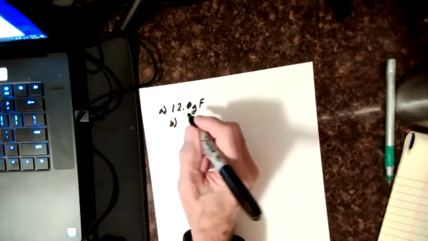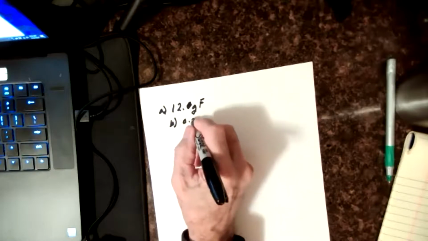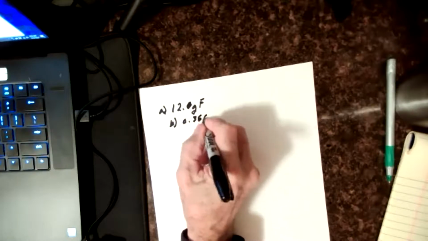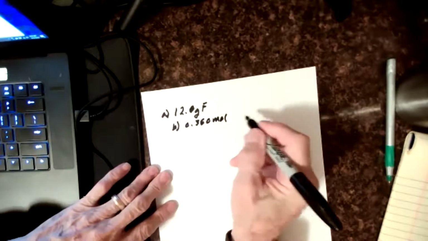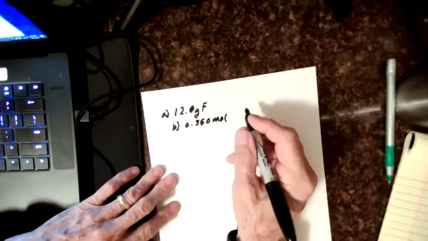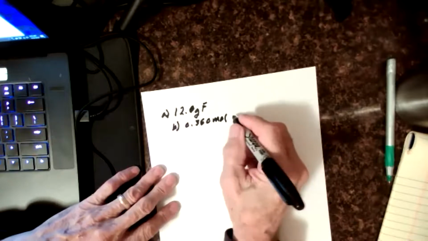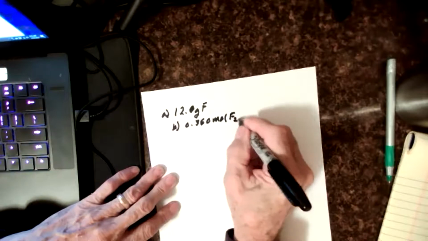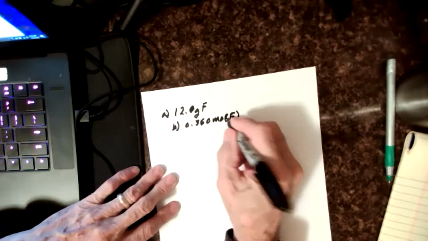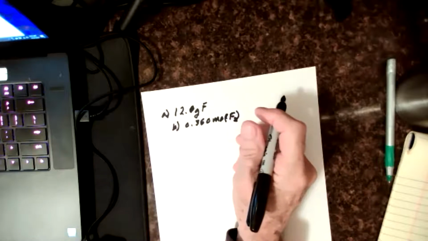We got 0.360 moles, and it's fluorine gas. Now you should remember that that's F2. Fluorine, chlorine, bromine, iodine, hydrogen.